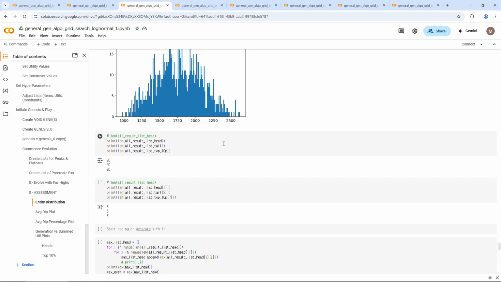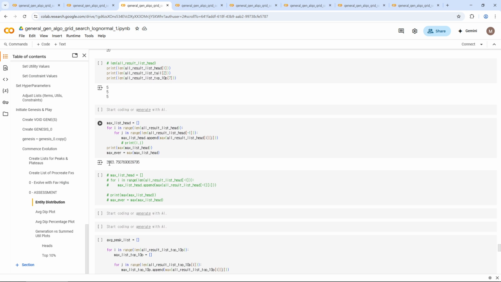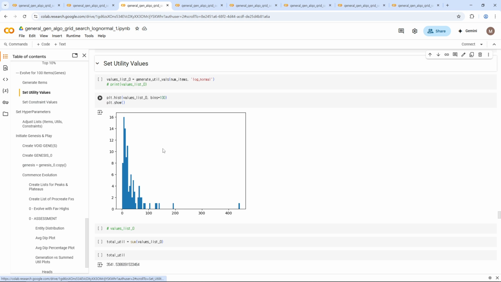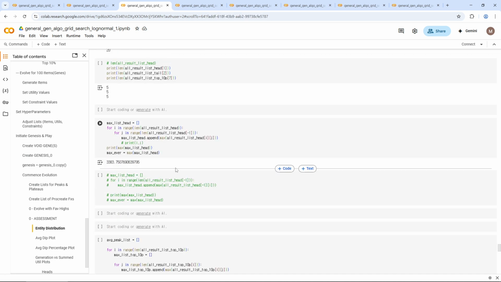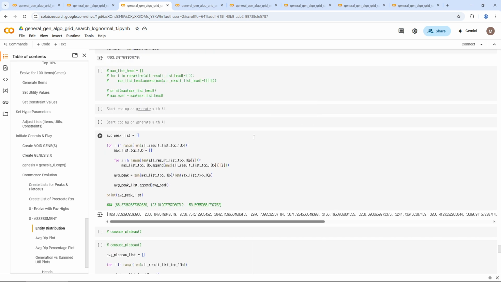Again, yeah, the central limit theorem. Maximum error is 3383. And the total sum is what again? Total sum is 3541. Maximum error is 3383. So kind of close.